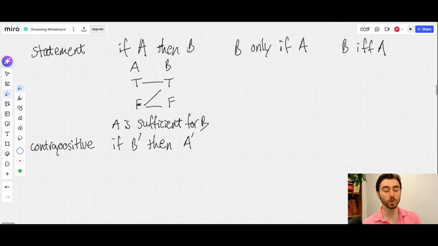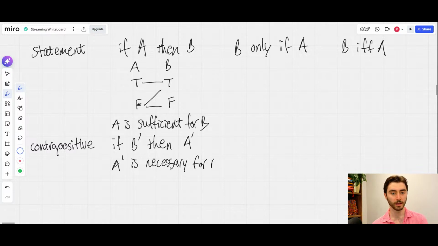If you want to form the contrapositive, you take your statement, flip the parts round, and negate them. So flip them round to put B at the front and A at the back, and negate them both. So if not B, then not A. And we can see that is true from here. And we can rewrite that: not A is necessary for not B.